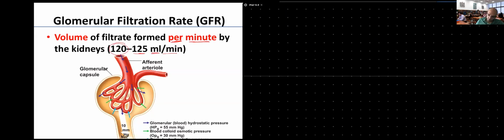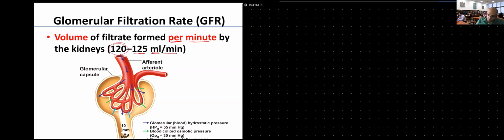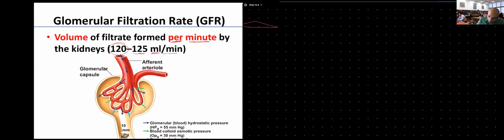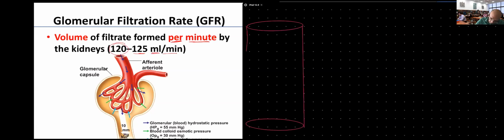I have important pressures that play a role in here. And according to them, we're going to be able to allow the filtration to take place. So if we're looking on here at the blood vessel, this is again my glomerular capillary. And on the other side, this is going to be my Bowman's capsule.